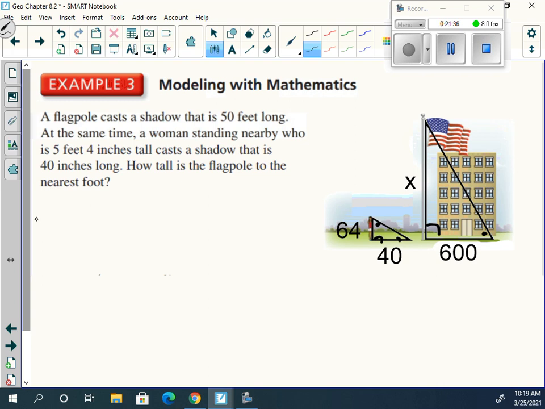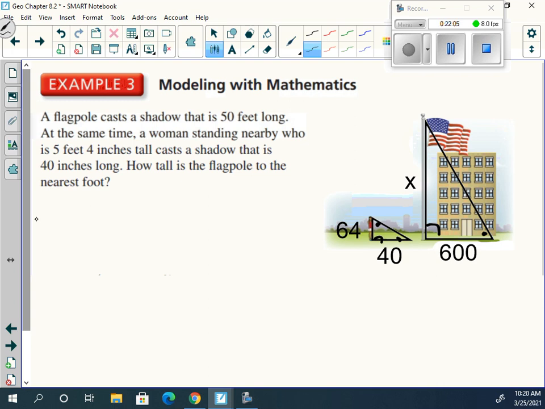Now, 5 foot 4 inches, well, we can't use 5 feet 4 inches if everything else is in feet or if everything else is in inches. We need it in one or the other. I converted everything over to inches because with 5 feet 4 inches, if I convert 4 inches to feet, it would be 4 over 12.